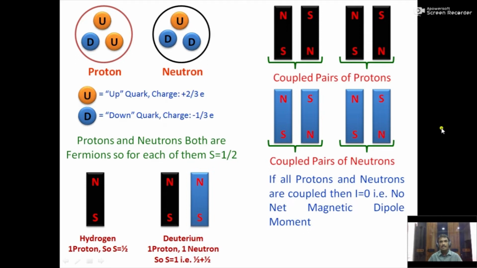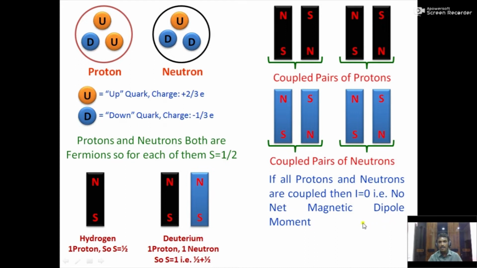You can see in the figure, the protons are coupled. Here the neutrons are coupled. If there is an even number of neutrons and an even number of protons, then they couple, and the net magnetic dipole moment is 0.